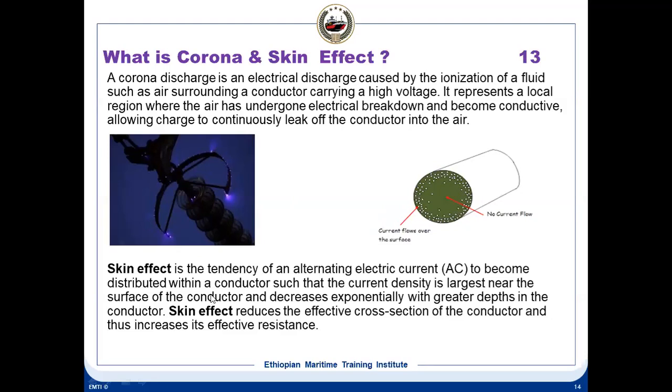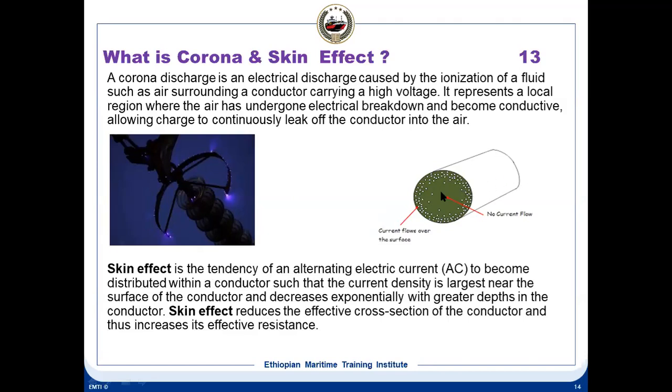Skin effect is the tendency of an alternating current, only in case of AC, to become distributed in the conductor such that the current density is largest near the surface of the conductor. Here you can see it concentrating on the outer side. That is called the skin.